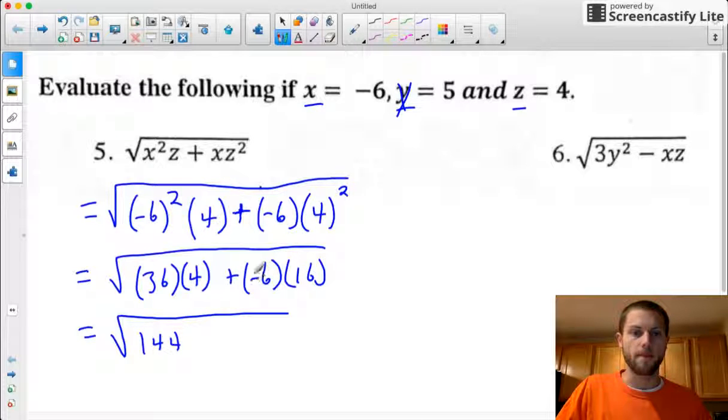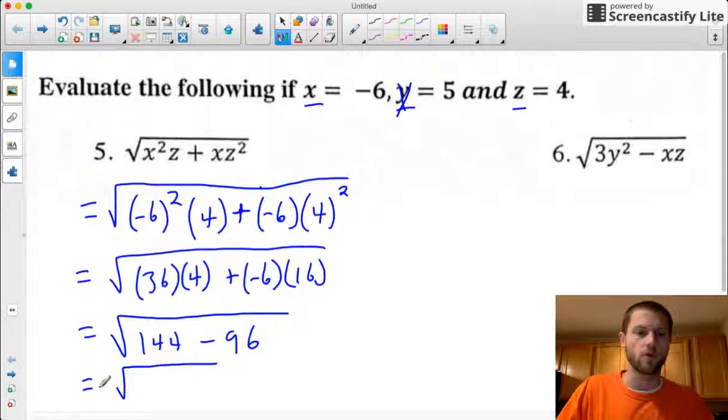And then I'm going to have a minus sign since I have a negative times a positive here. So it's going to turn this into subtraction, and I'm subtracting 96. And one more row down here, when I take the square root of all this, looks like I have the square root of 48.